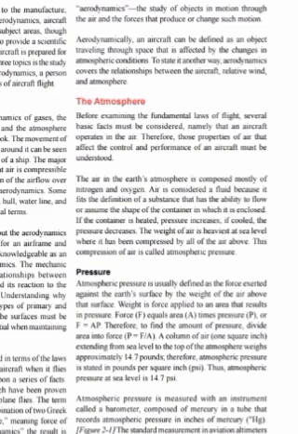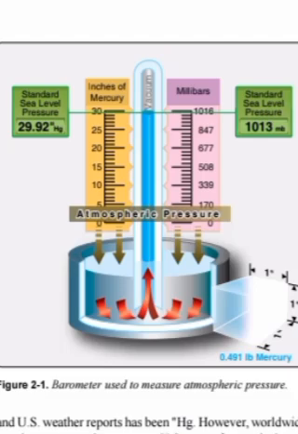Atmospheric pressure is measured with an instrument called a barometer, composed of mercury in a tube that records atmospheric pressure in inches Hg. Figure 2.1. The standard measurement in aviation altimeters and U.S. weather reports has been inches Hg.